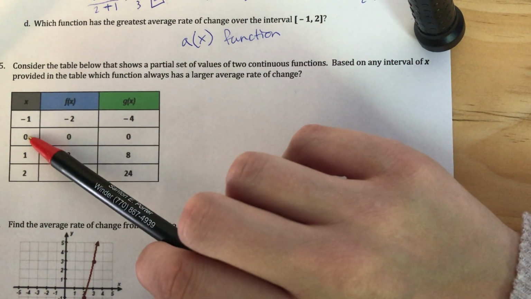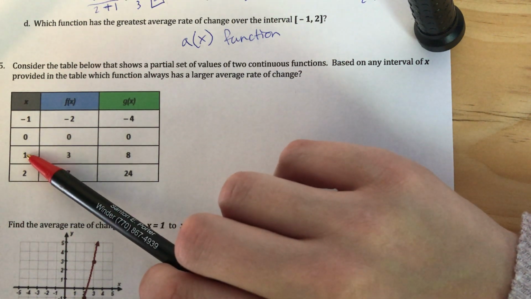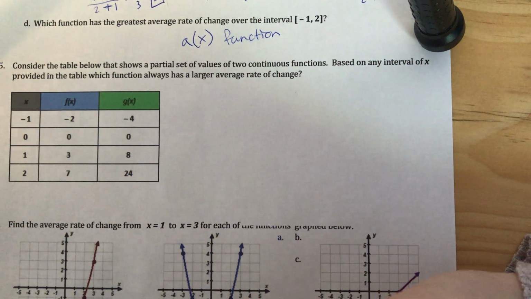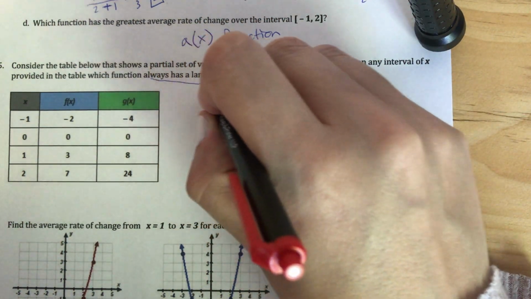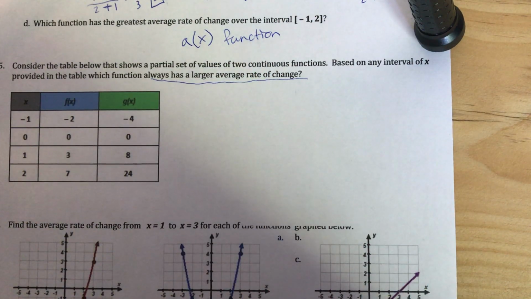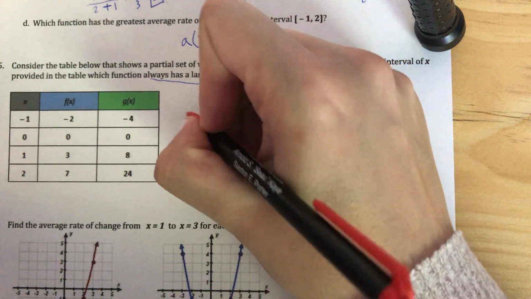Then from 0 to 1, what is that average rate of change? From 1 to 2, what's that average rate of change? So we're looking for which one is larger for always. So let's look at this first one.